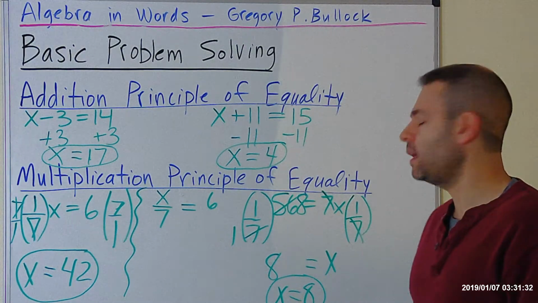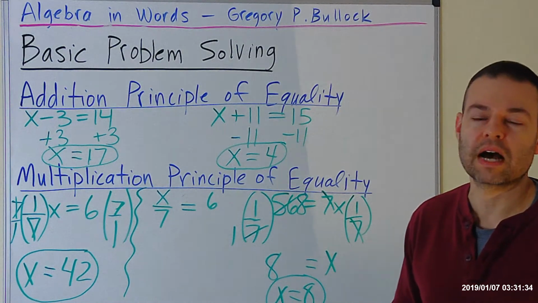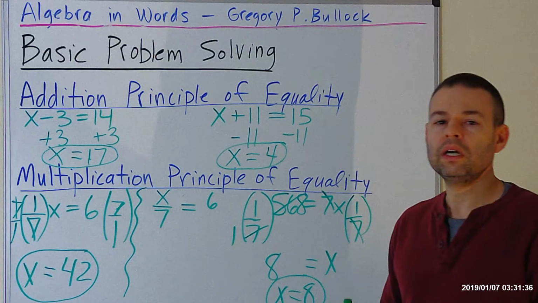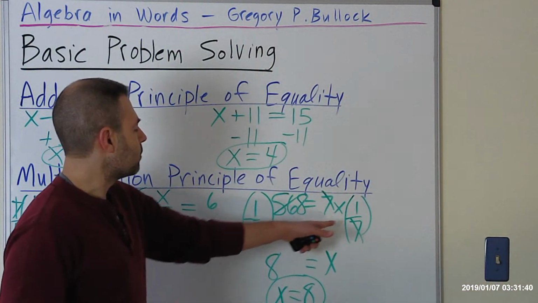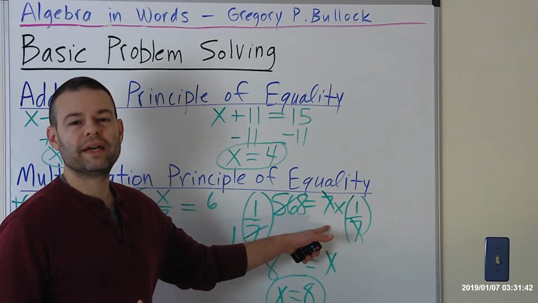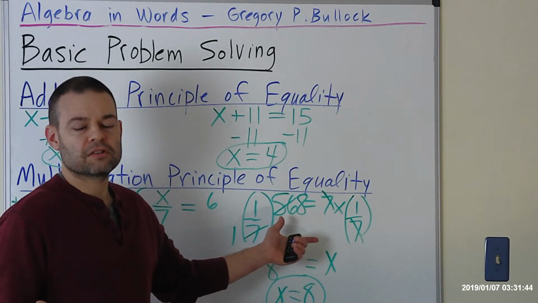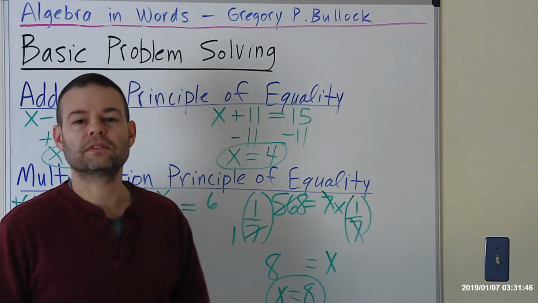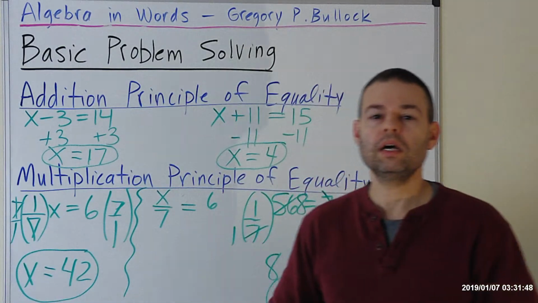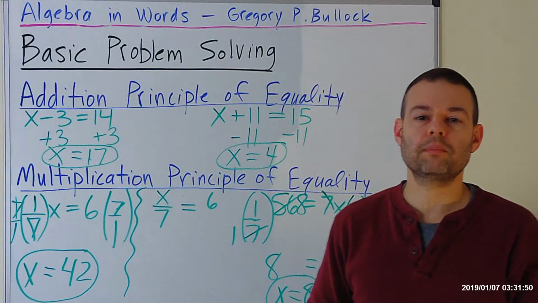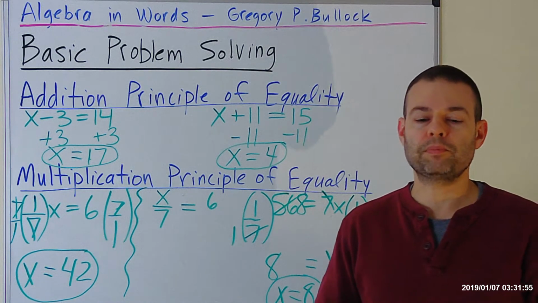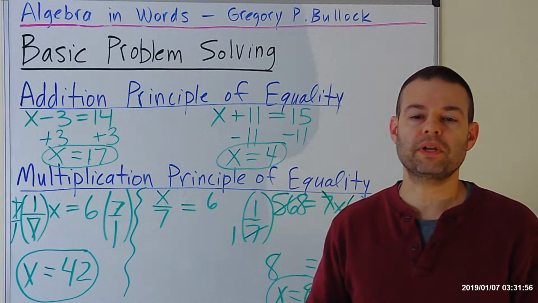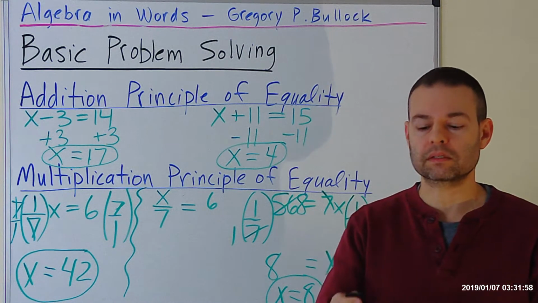But if you have 8 equals x, I think that's good enough for now. One other little detail is, notice that on this problem, the x is on the right. And that's okay. You'll sometimes find the x on the right, sometimes on the left. Okay, so I'm going to pause this video and put up another problem or two where we're going to analyze a simple problem where the addition property and multiplication property are mixed.